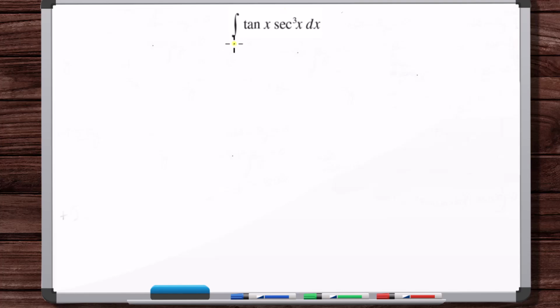All right, let's start by finding the indefinite integral of tangent x times secant cubed x dx. Now, the process we used to solve combinations of sines and cosines is similar to the one for combinations of tangents and secants.